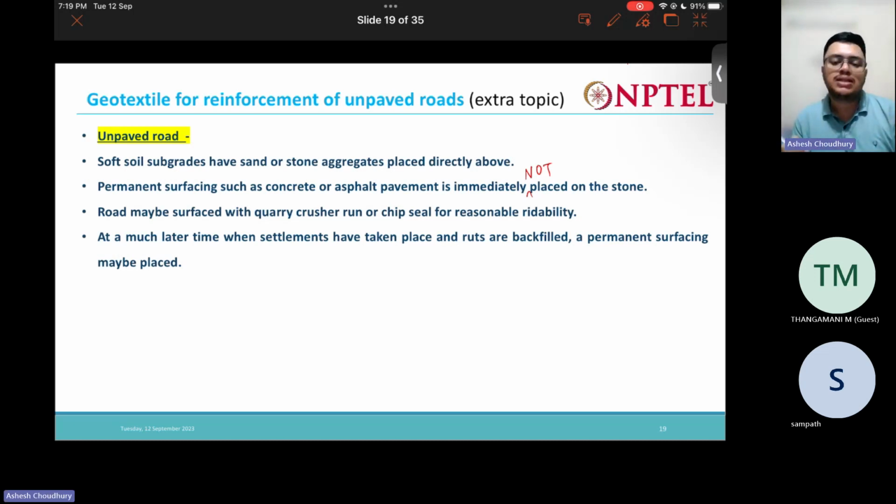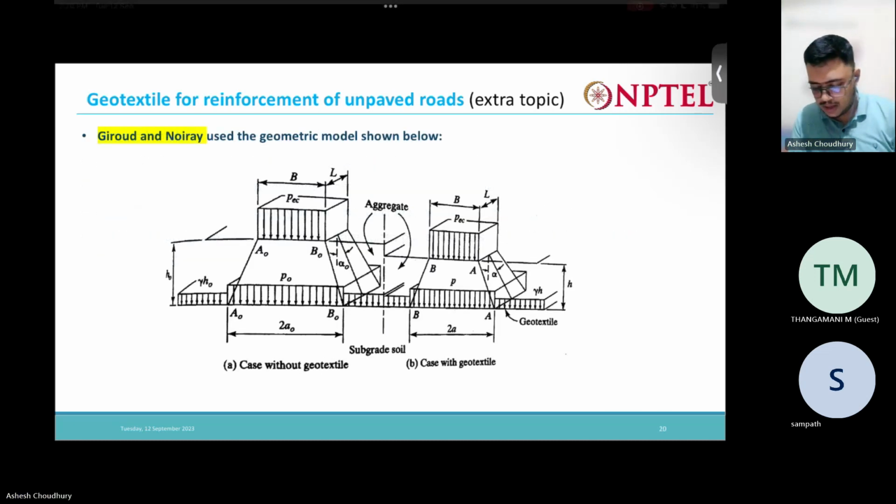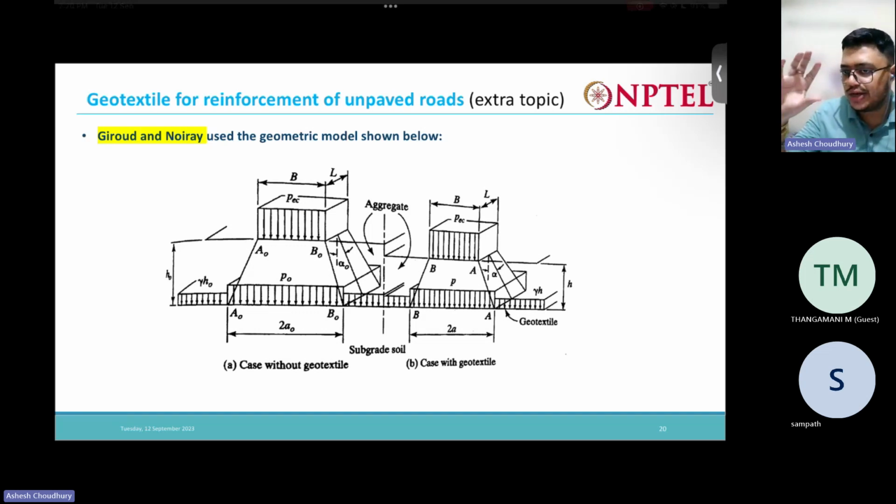If this is not taught in the main lectures, it won't be included in the exam, obviously. Researchers Giroud and Noiray use this geometric model, which is shown here, to analytically give the solution for this problem.